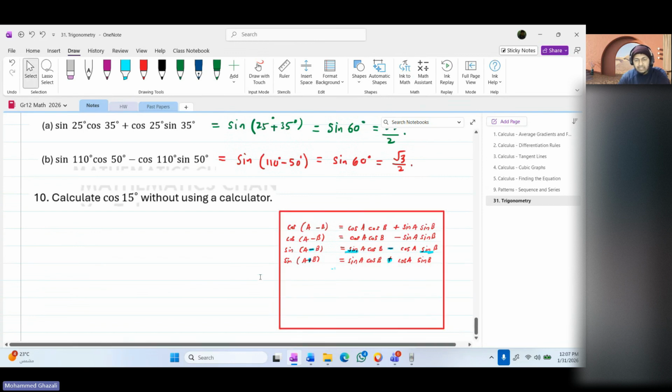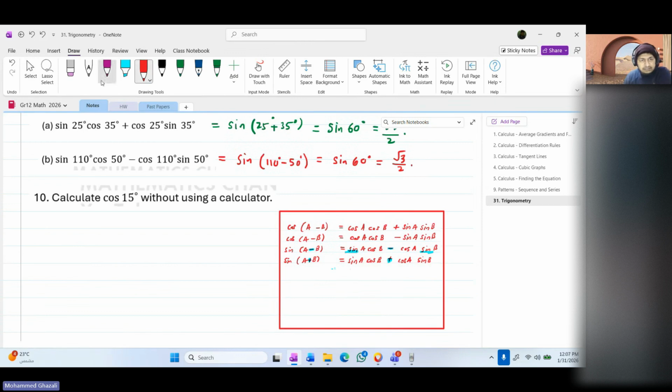So remember, if you use 30, 45, and 60 degrees, using these you're going to end up with more special angles by adding and subtracting them. Like you can take 60 minus 45 to get 15.